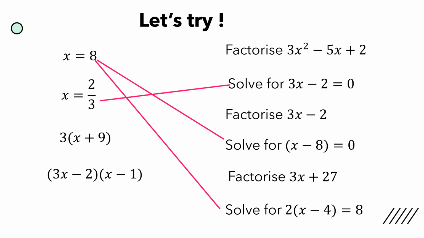If you look at 3 bracket x plus 9, it comprises two linear factors. It is not a value, but two linear factors, so that will be the linear factors for factorizing an expression. And for the last one also, the two linear factors are the factors for factorizing a quadratic expression.